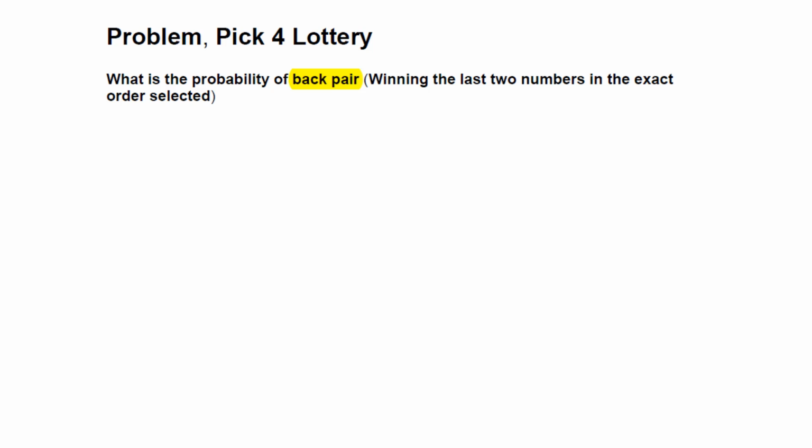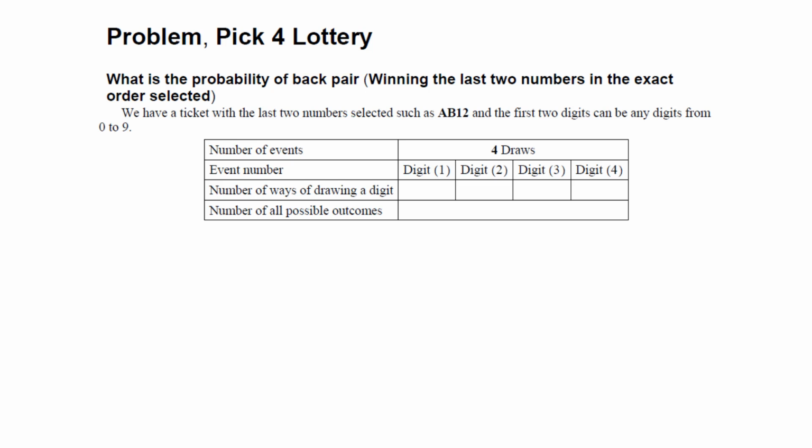Now what is the probability of back pair, which means winning the last two numbers in the exact order selected? So let's assume that the winning ticket ends with the two digits 1 and 2. It means any ticket which holds at the beginning any two numbers and ends with 1 and 2 is a winning ticket.